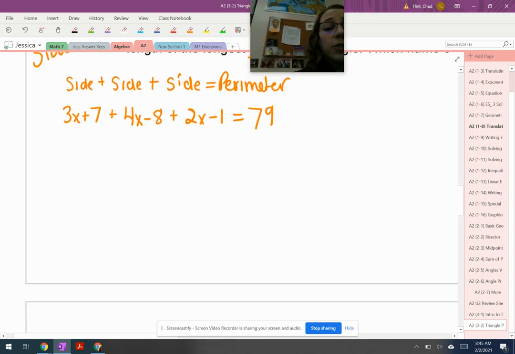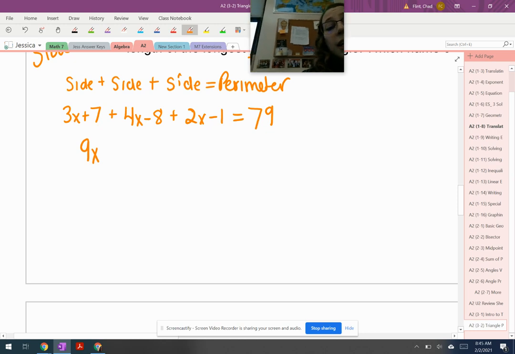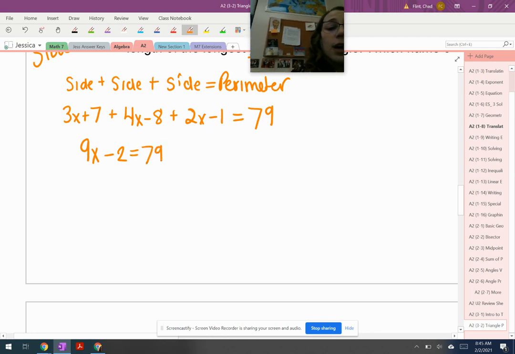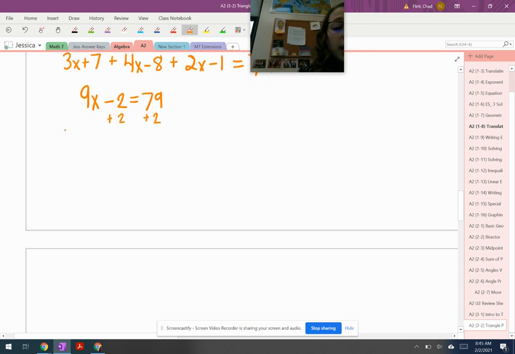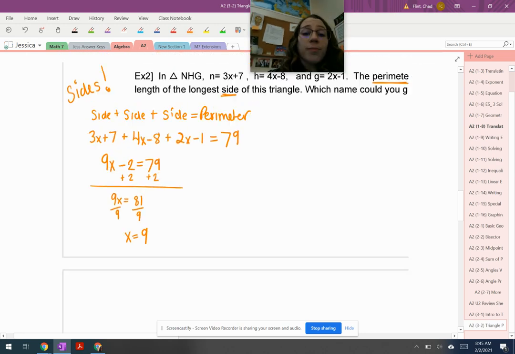So combine some like terms. 3x plus 4x is 7x, plus 2 more is 9x. 7 minus 8 is a -1, and a -1 minus 1 more leaves us with a -2. Go ahead and isolate that variable by adding that 2 to both sides, leaving me with 9x is equal to 79, 80, 81. Divide both sides by 9 to get an x value of 9.